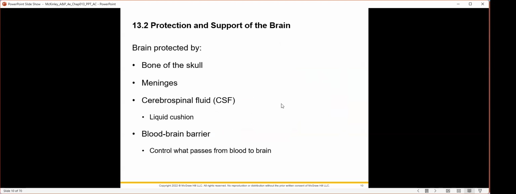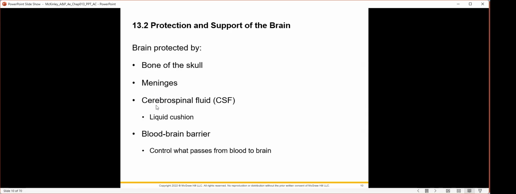Before we actually get into those structures, we do want to talk about some protection that we have for the brain and the spinal cord. We'll talk about the spinal cord protection, which is the same as the brain, when we get to the spinal cord, but let's focus on the brain for now. We know that overall we have protection from the skull bones, but there are also a series of layered tissues surrounding the brain, which we call the meninges, which we'll look at in a minute.